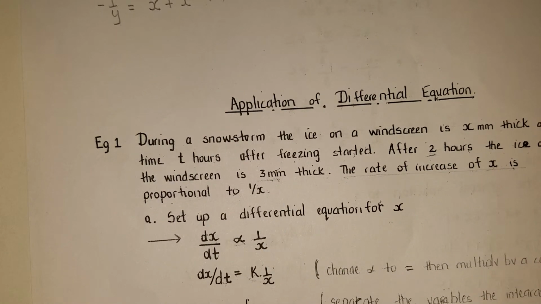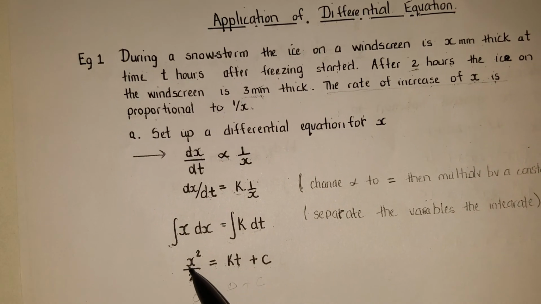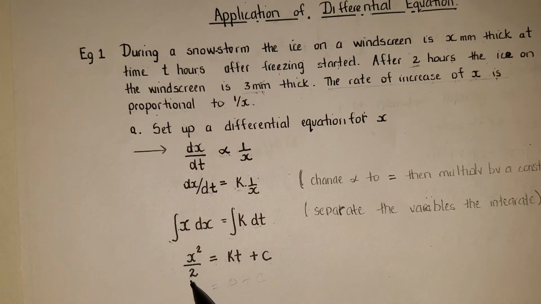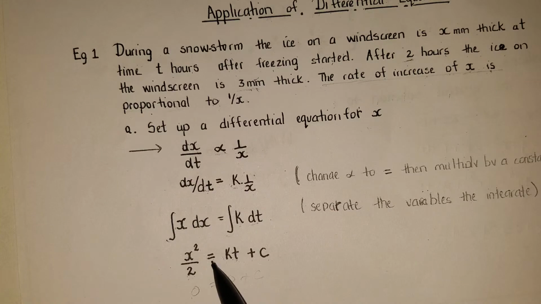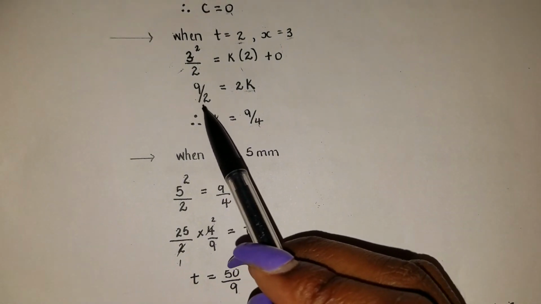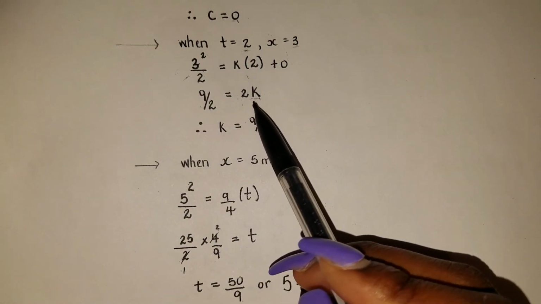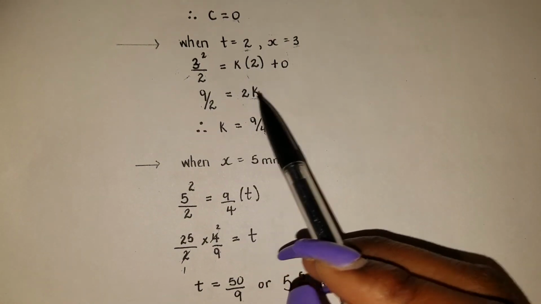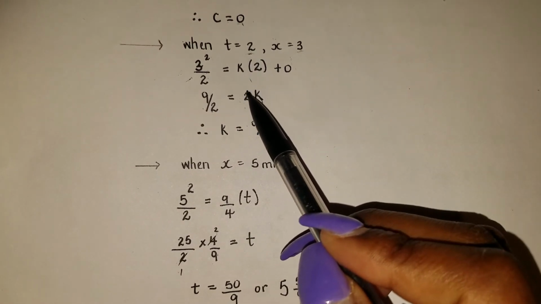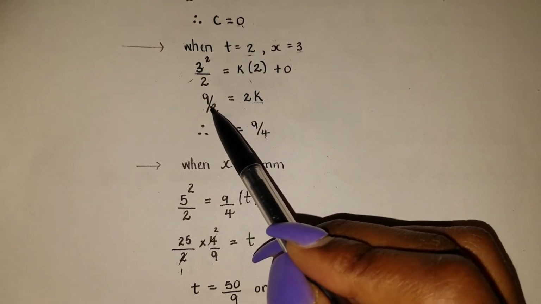So that's all we have. 3 squared over 2, or 9 over 2, equals 2K, as you see here. So we can now solve for K. This 2 will be brought to the other side and get divided.